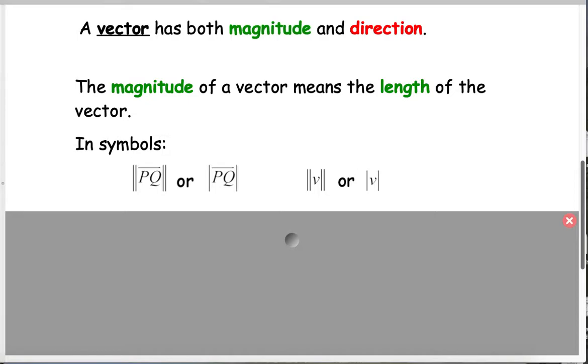It depends on what is inside of there. So if that's a vector in there, then we know that these vertical bars mean magnitude. If it's a quantity, a number in there, then we know that these 2 vertical bars refer to absolute value. So you have to think about the context of the problem and decide what those symbols represent.